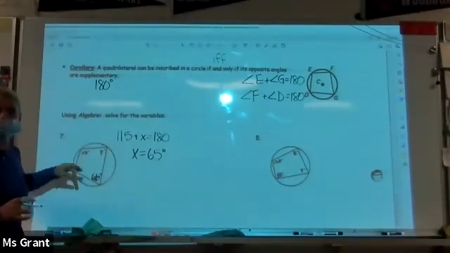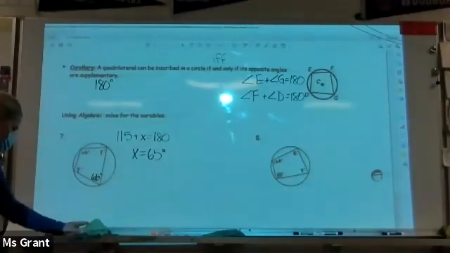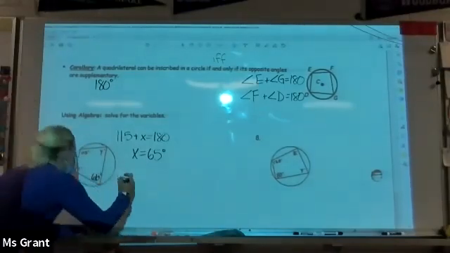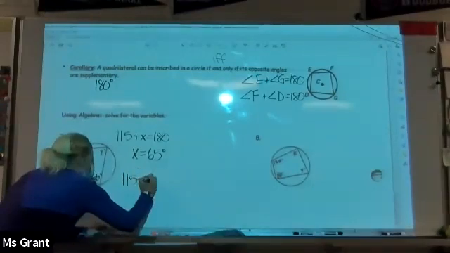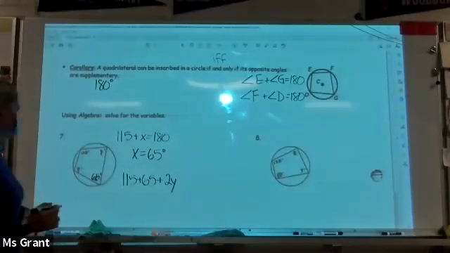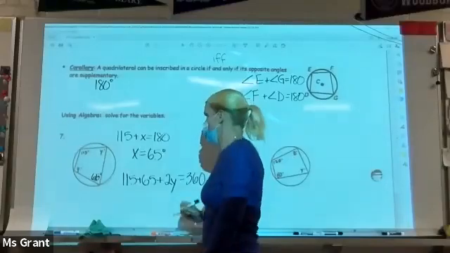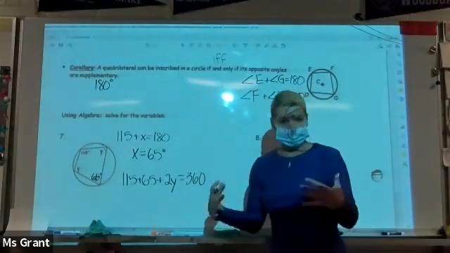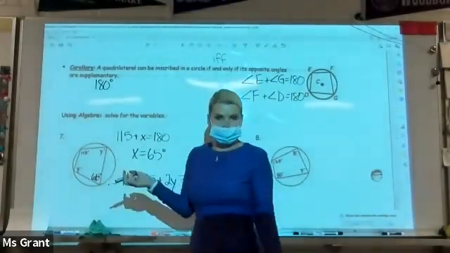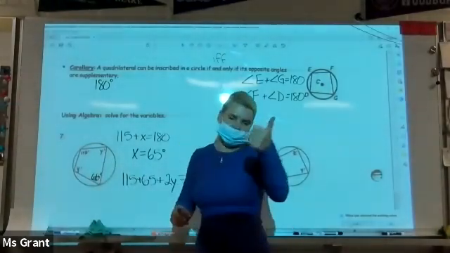These y values are the same size. They're the same size angle. So algebraically, you can punch the numbers into your calculator, but algebraically it's going to be 115 plus 65 plus 2 of the y's equals 360. But I think that an easier way to do this would be to say the quadrilateral has 360 degrees. 115 is taken up. 65 is taken up. Subtract those.